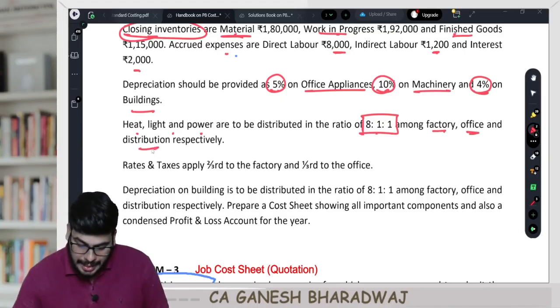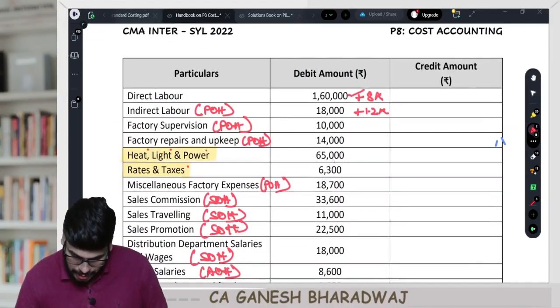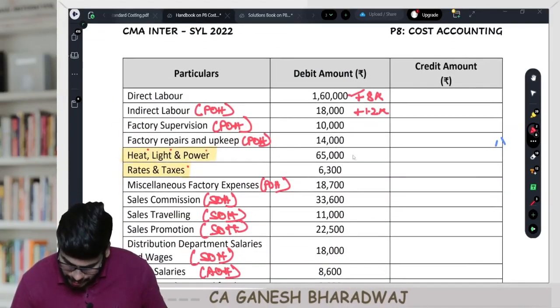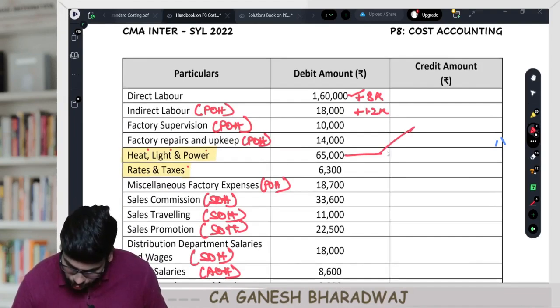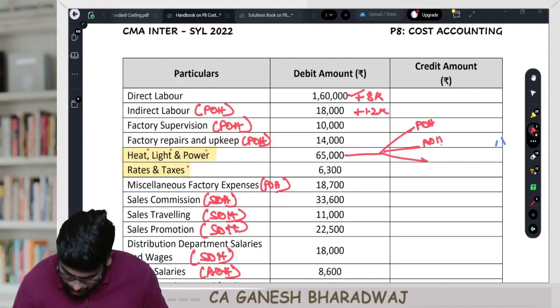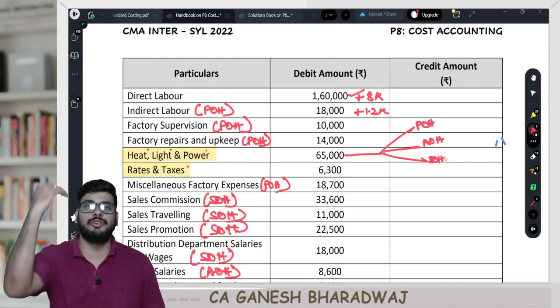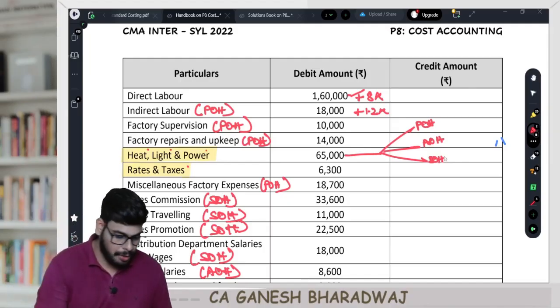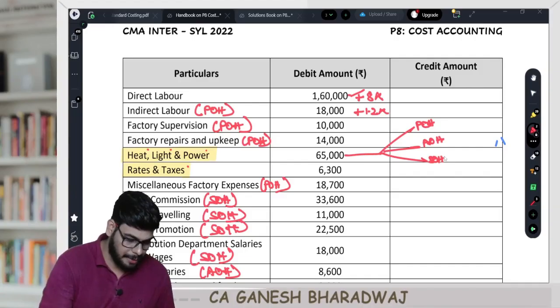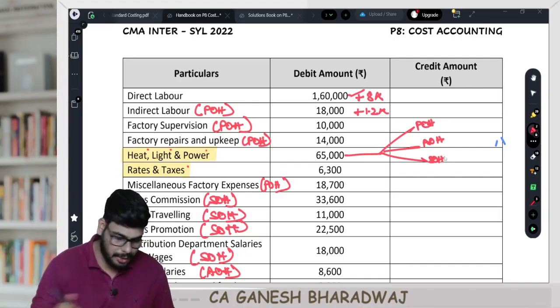Look at this. What they are saying, heat, light, and power. This cost is there, no? So this is a common cost incurred partly for the purpose of production, partly for administration, partly for selling and distribution activity. In what ratio? 8:1:1. So 65,000 divided by 10 into 8 is equal to how much?